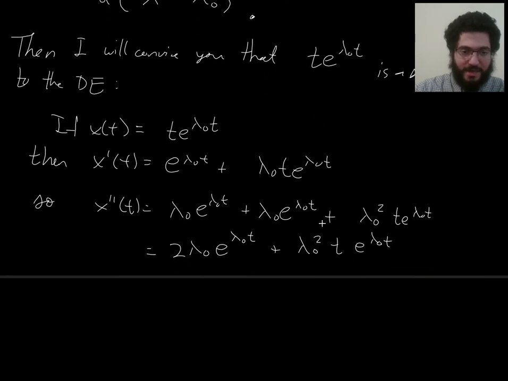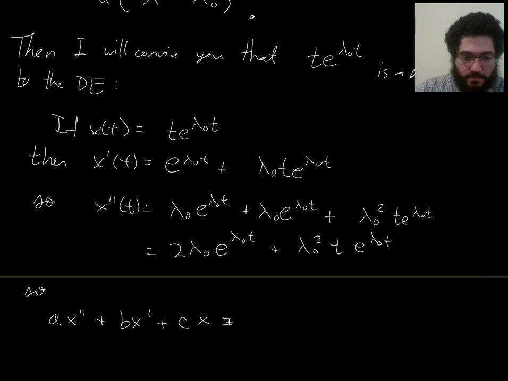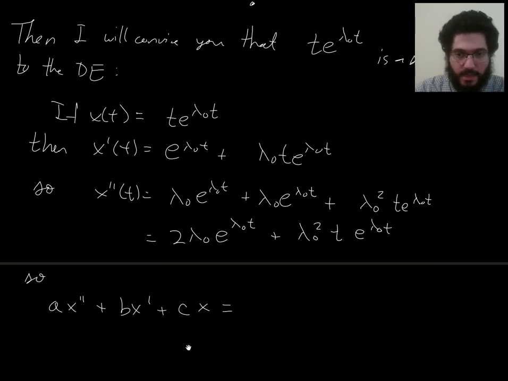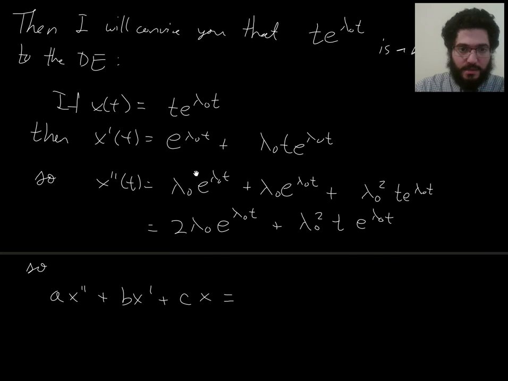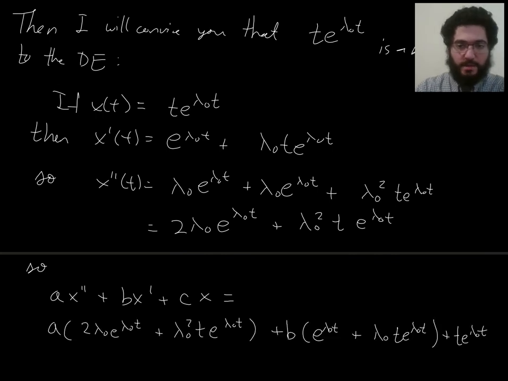Now I'm going to put it into the differential equation. So ax prime prime plus bx prime plus cx, I just have to stuff this in there, and I get this.